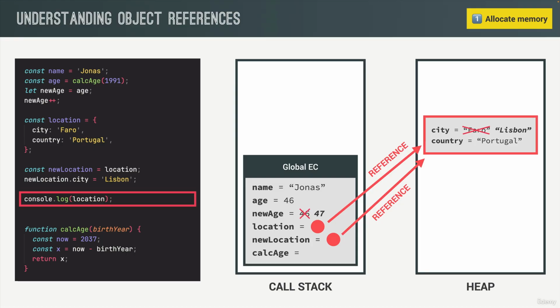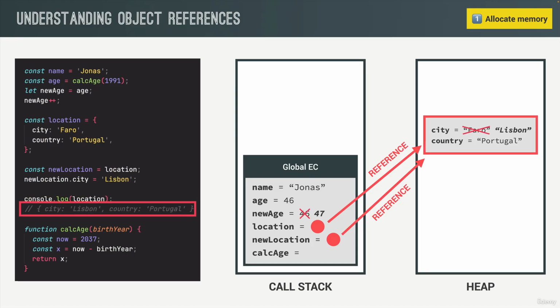So as we log the original location to the console, we now get the mutated object here, where the city property is also set to Lisbon. And this actually makes sense, right? If both location and newLocation contain the exact same reference that points to the same object in the heap, then it makes perfect sense that changing the object through one of the variables will also get reflected in the other one. Again, because location and newLocation are, in fact, the same object.